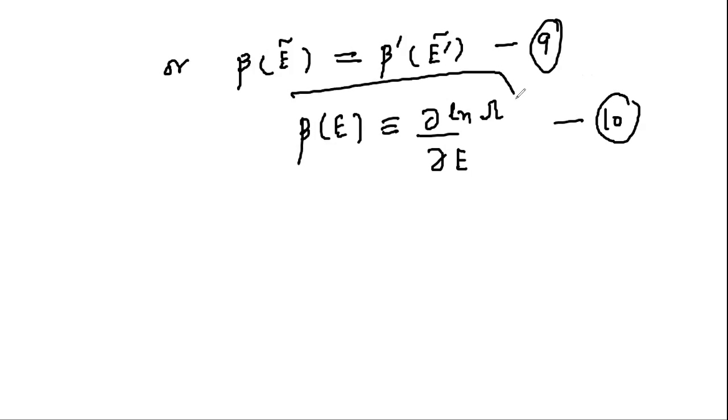So this defines your beta. So we're defining beta of E as the partial derivative of ln sigma with E.